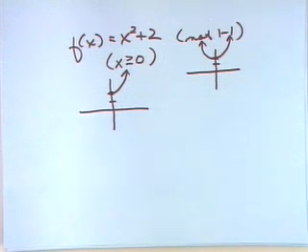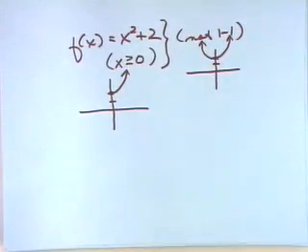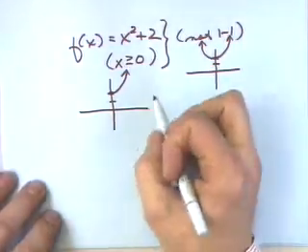So if we restrict the domain on the f, what ends up being restricted on f inverse? The range, because the domain of f becomes the range of f inverse, right? So here's our function with this little addendum here. We're going to restrict the domain. Now we want to find its inverse.